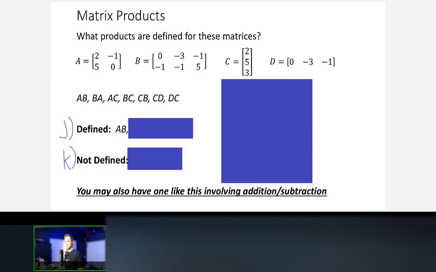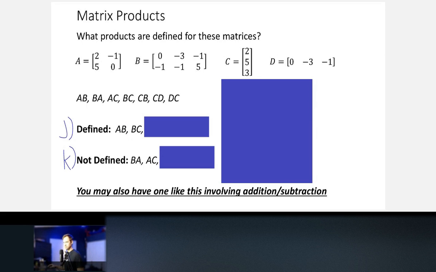B times A is K. All right. Good. A times C. A times C is K. Good. B times C. J. What about C times B?